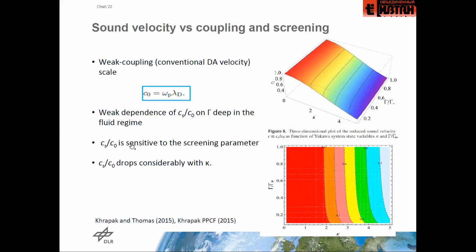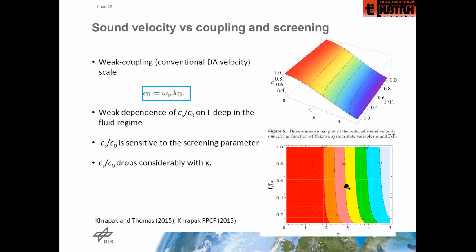So it doesn't depend very much on gamma, only a weak dependence on gamma, but the dependence on the screening parameter is relatively strong. You can see that the ratio is close to unity close to the one component plasma limit when kappa is equal to 1 or less, but then the ratio drops considerably with kappa.